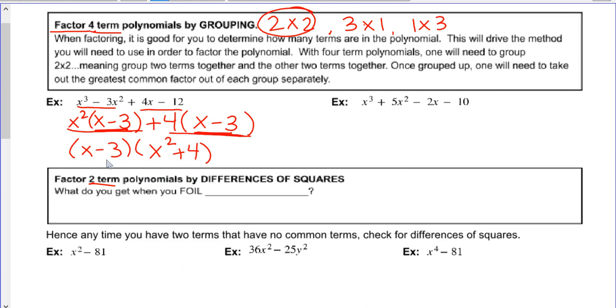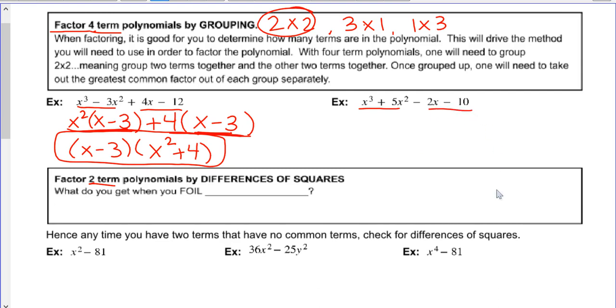Can I go any further down with this? And if you have a power of 1 here, the answer will be no. If you have something other than a power of 1, this might be able to come back down a little bit more. So you want to watch that. This one right now actually does not. So this will be our final answer. And we'll see some in a few minutes of those that will go down a little bit further. All right, let's try this other 4-term polynomial.